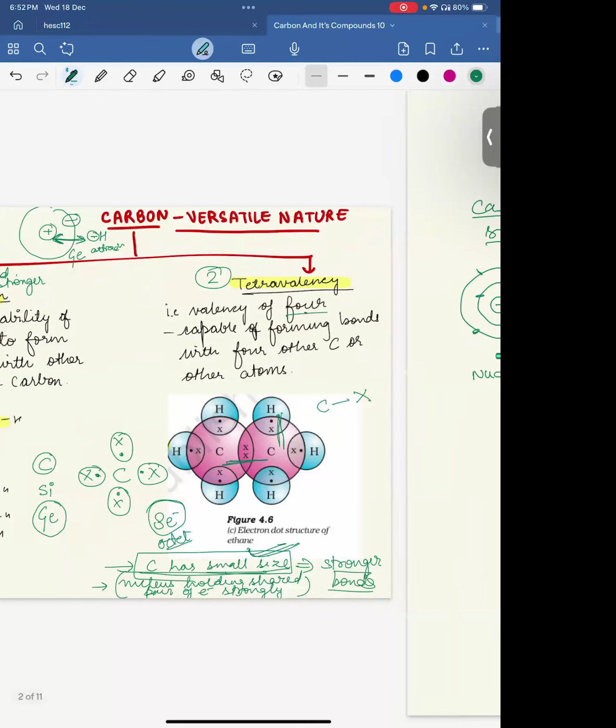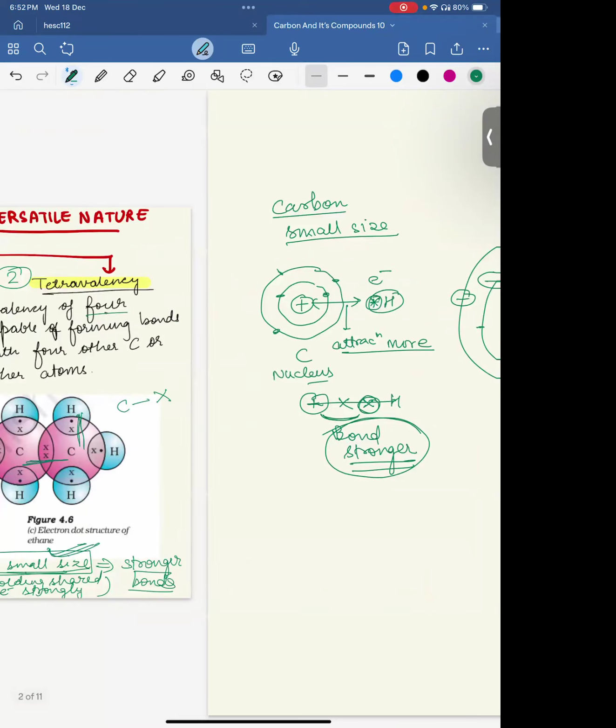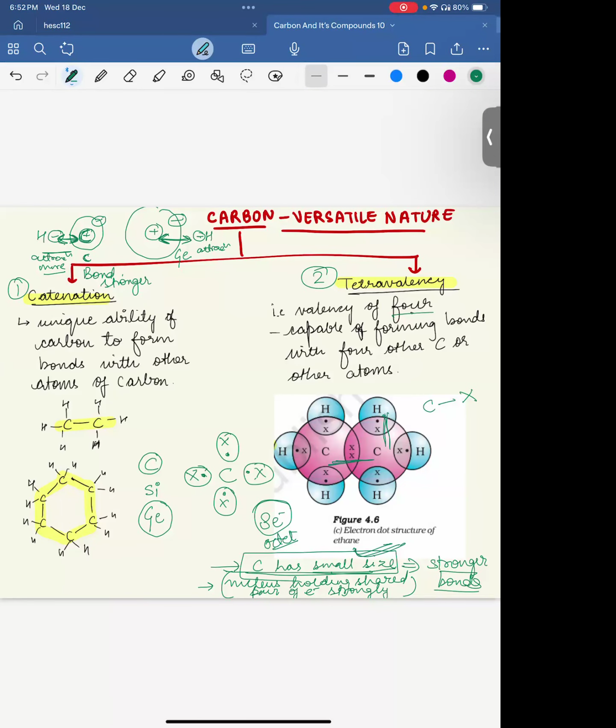Okay, how small size leads to stronger bones. Yes, ma'am. Which book do you follow for science in class 10? NCERT. So this is given in NCERT only.